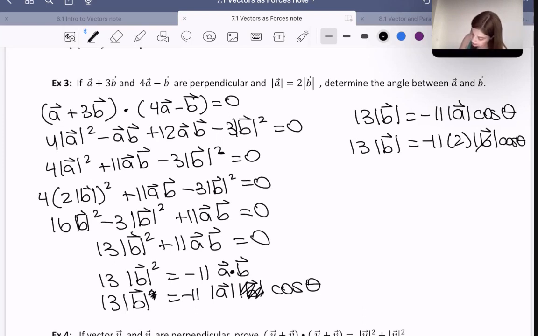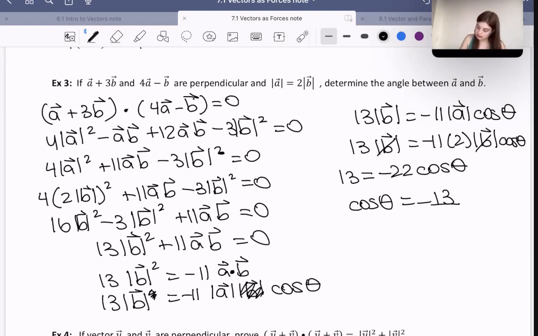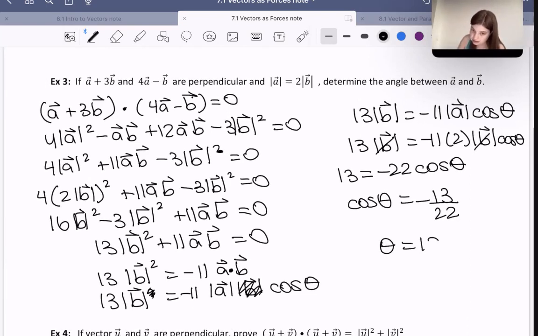Then we can cancel those out and say 13 is equal to negative 22 cosine theta, which means cosine theta is equal to negative 13 over 22, which if we punch that in our calculator, we get about 126 degrees when we round to the nearest degree. So therefore, the angle between A and B is going to be 126 degrees.